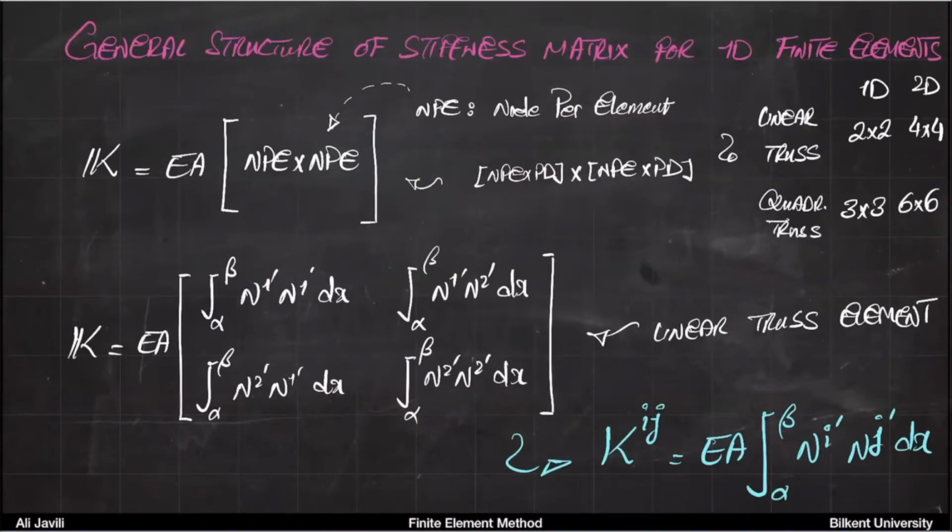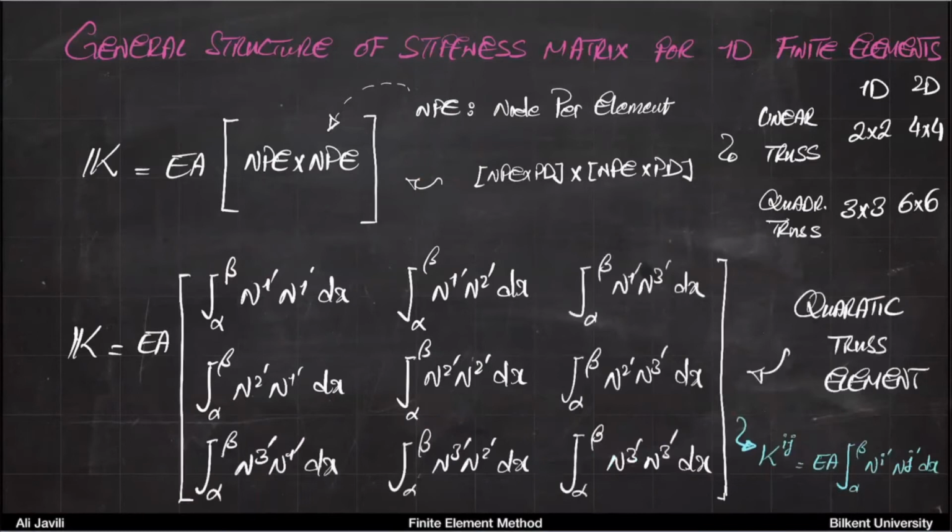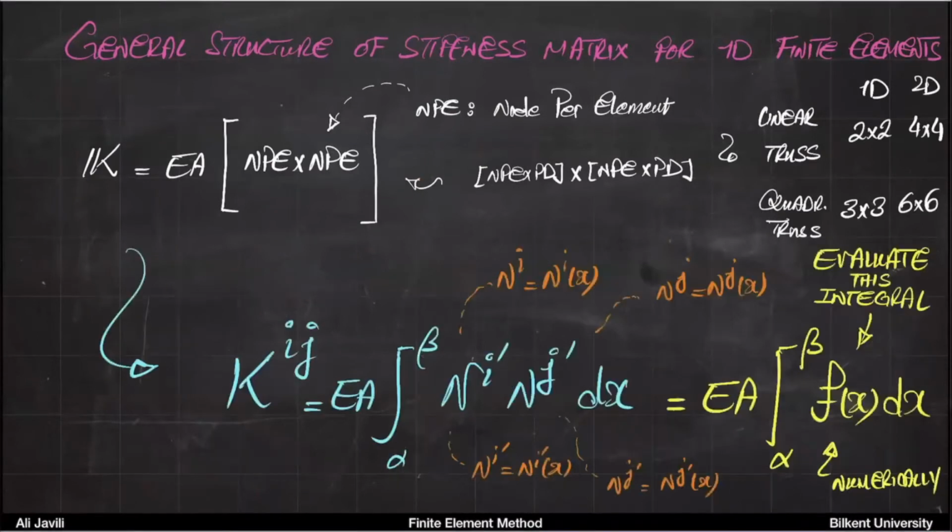And then we also mentioned that the stiffness for a linear element would look like this, and for a quadratic element it would also look like this. The important message was that either way, your stiffness components, Kij, would look like something with Ni prime, Nj prime, and we need to integrate that using numerical integration.